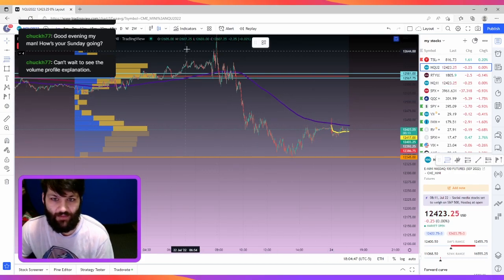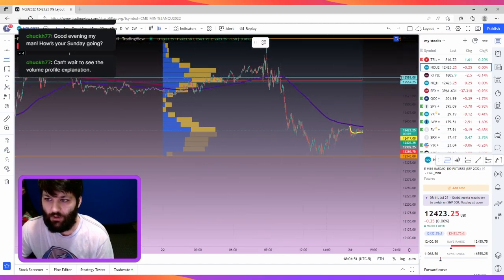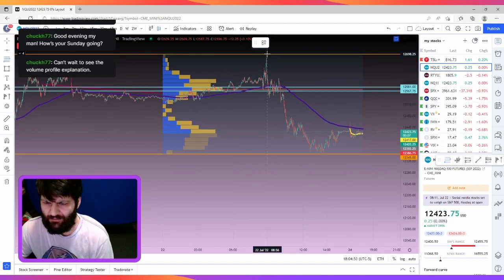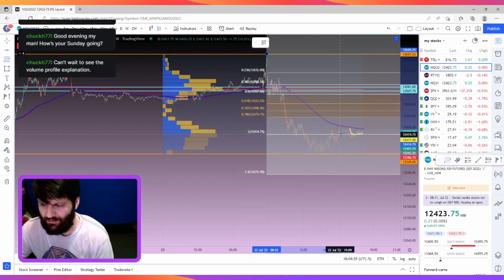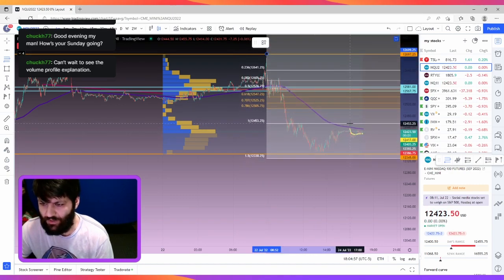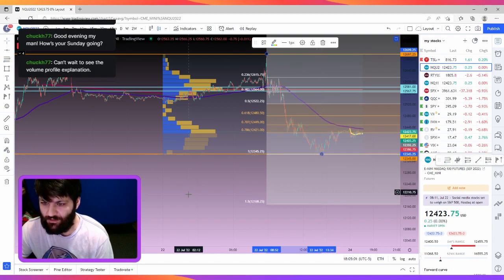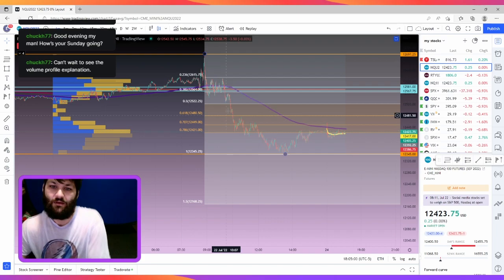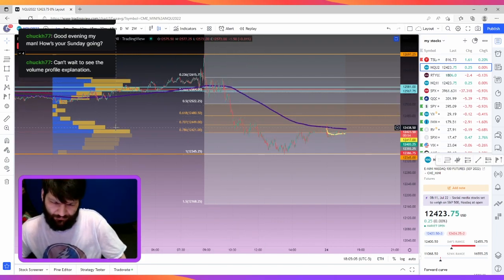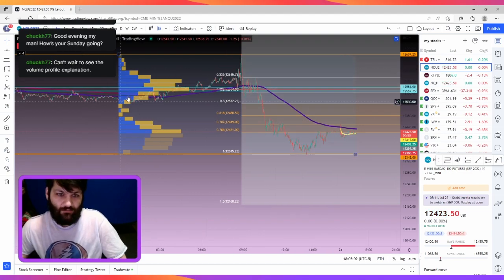So if I have my fibs and I draw them from up here, from the high to, let's just say the opening or the low right here. So from high to low, this is my fibs. What you'll see is a lot of times, so first off, let me explain the volume profile.